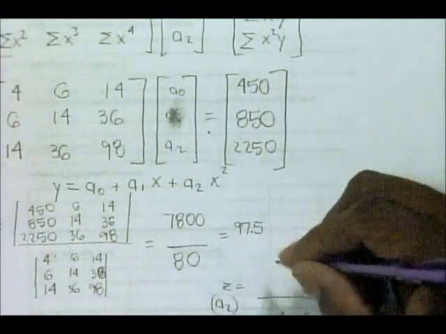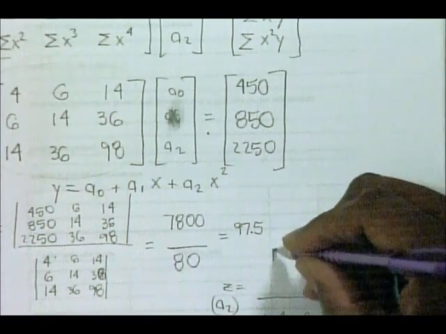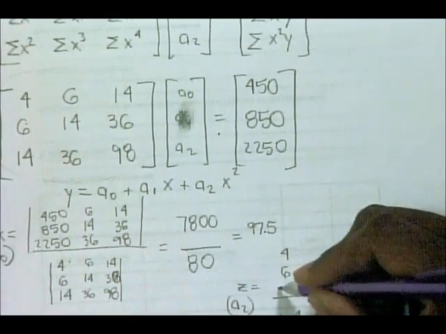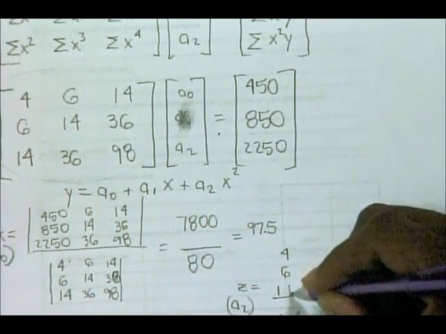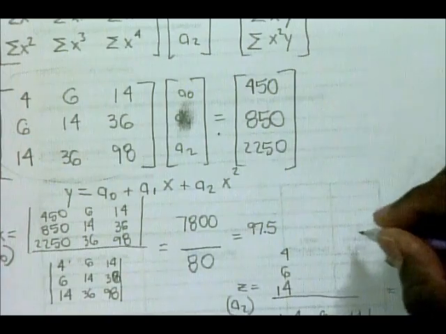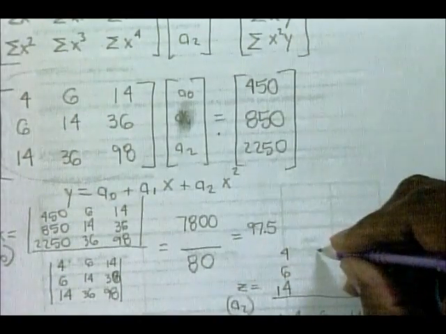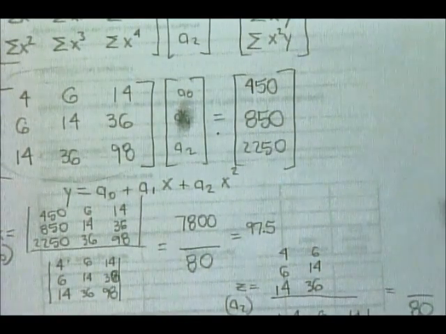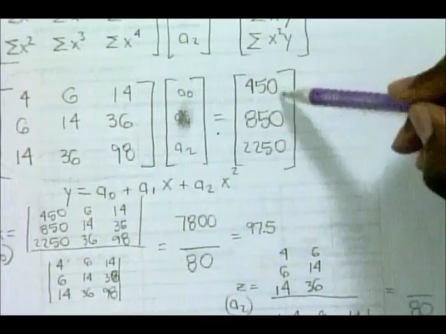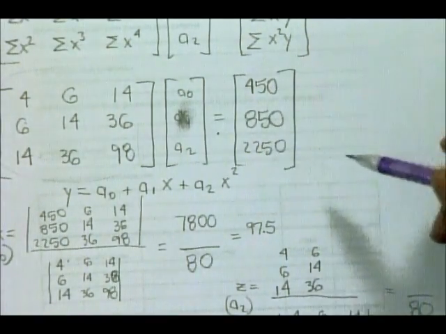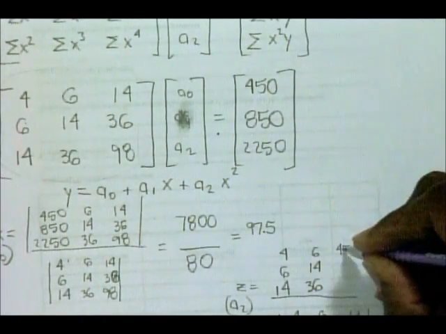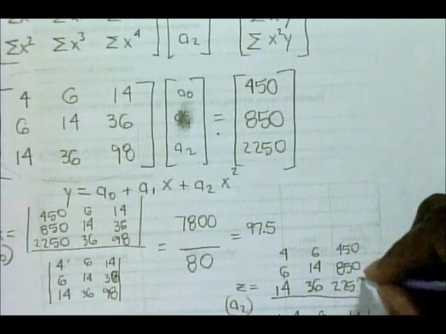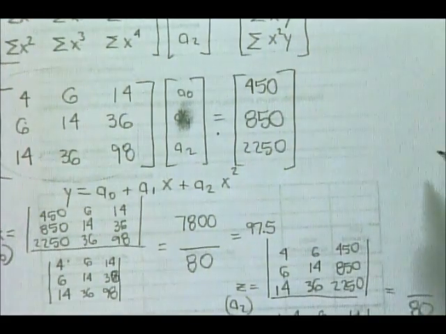So we'd have 4, 6, 14, and we keep this second column the same, 6, 14, 36. And now we'll replace this column with the constants that we have here. We have 450, 850, and 2,250.